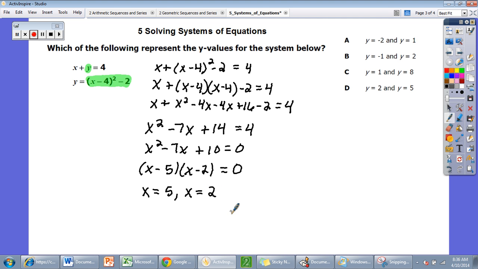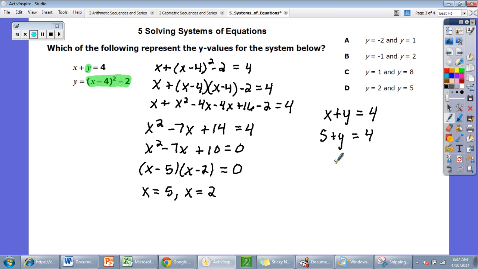So now I have my x values, but again, the question asked me to find my y values. So I have to plug these values into the equation to get my y values. Now I can use either one of these equations to do that, but when I look at this top equation, that seems a whole lot easier for me to get my y values, a little bit less work. So I'm going to use x plus y equals 4. And I'm going to plug in 5 first. So 5 plus y equals 4.